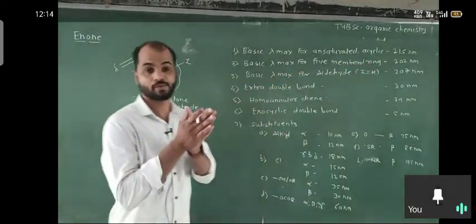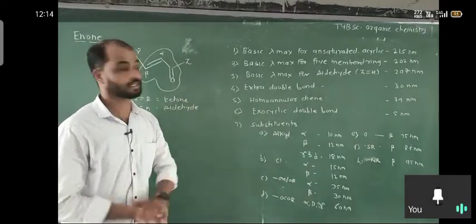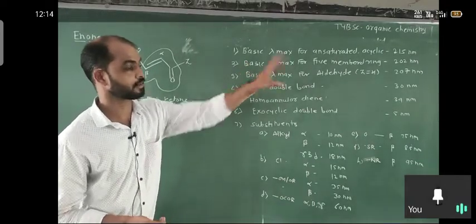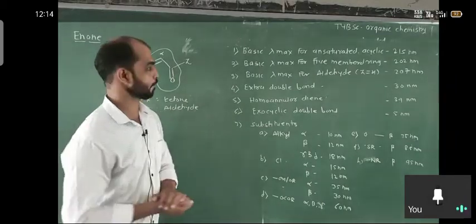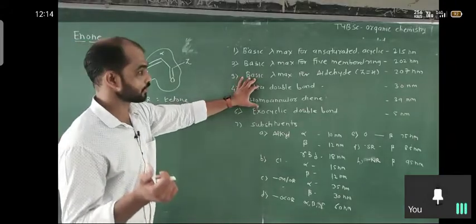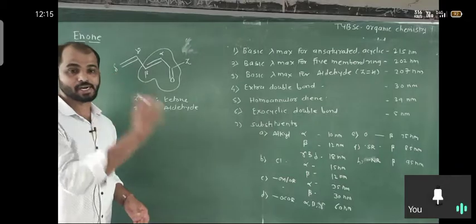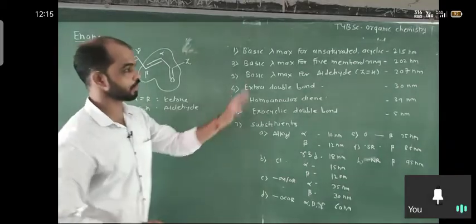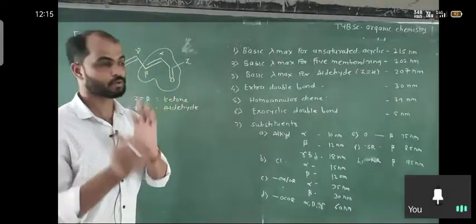If ring compound is given to you and it is 5-member ring, that time you have to take 202 nanometer as the basic value. The third basic value is for aldehyde. Means if in a system Z is equal to H, means aldehyde is given to you, that time for aldehyde, the basic value is 207 nanometer.